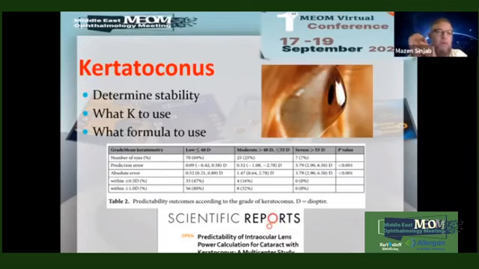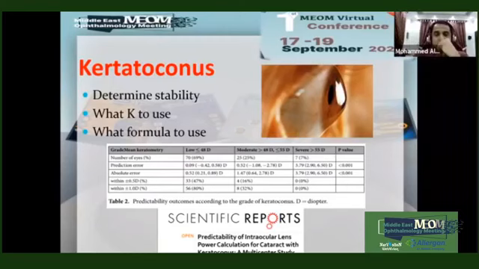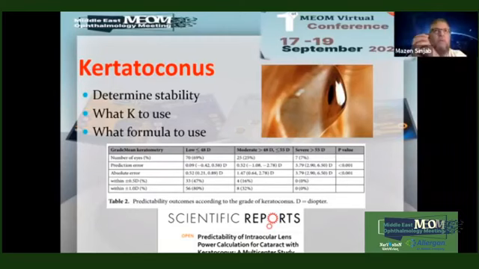Now, how to determine the K readings? It's very difficult, actually. And maybe you are asking about the formulas that should be used. Yes. Actually, we cannot say that there is a very specific formula that can give you the IOL calculation in the case of keratoconus.